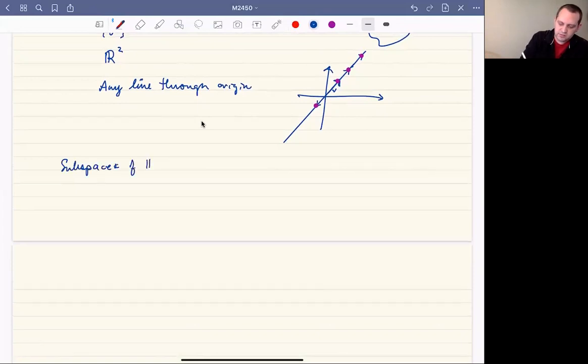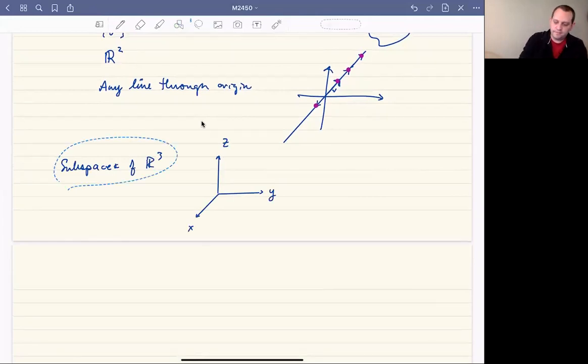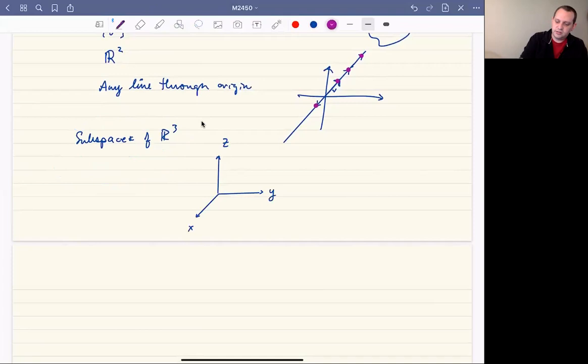So subspaces of R3. Here, R3 is a lot trickier to visualize, but you have 3 dimensions. So you have an X, a Y, and a Z. The first two are the trivial ones.